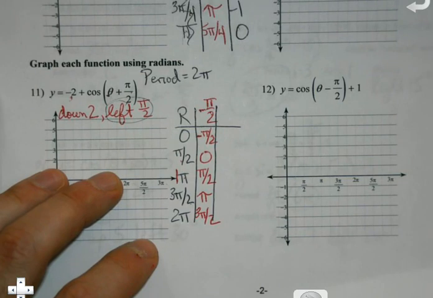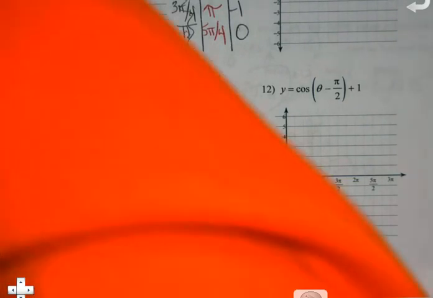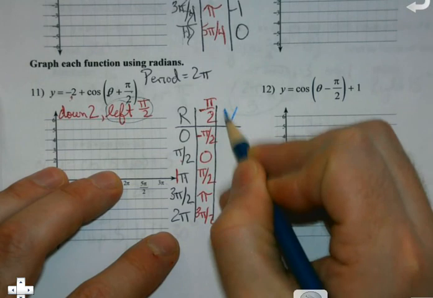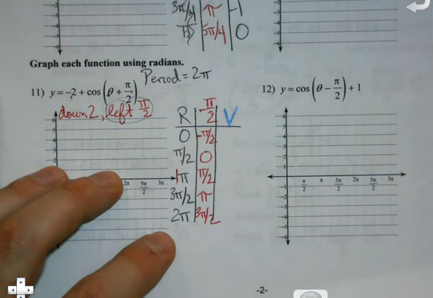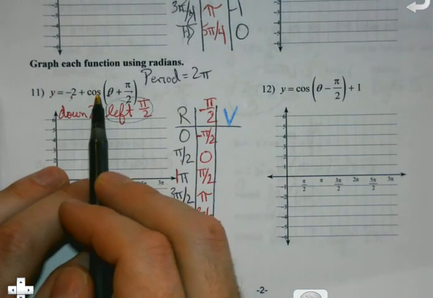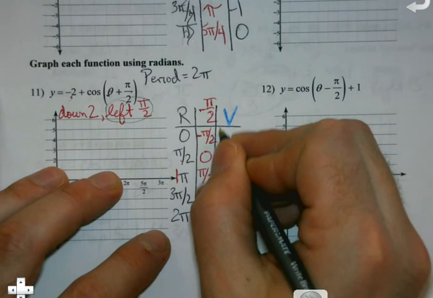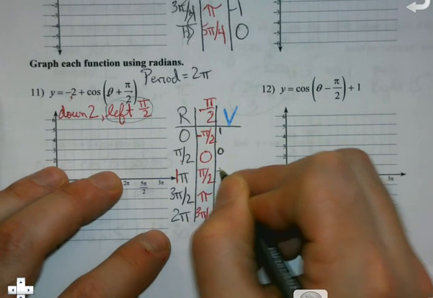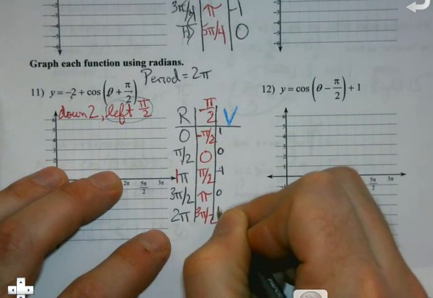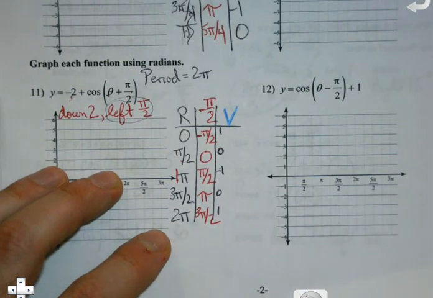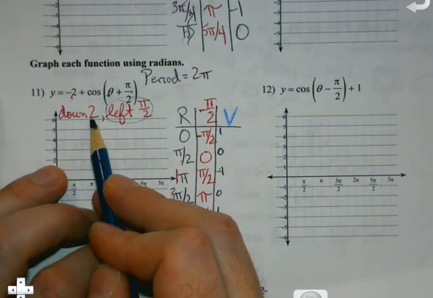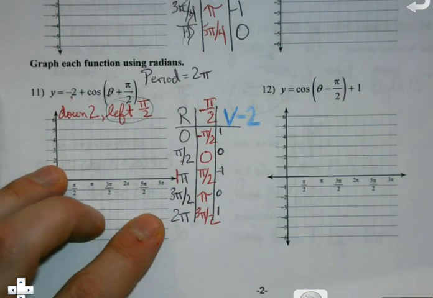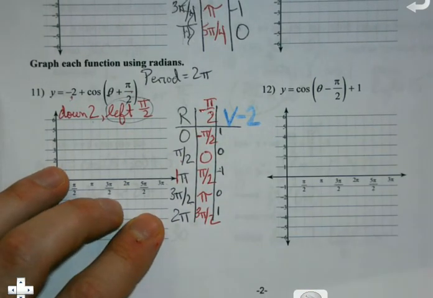But here's the one other thing I've got to watch for. Because now my values, normally my values with a cosine would be 1, 0, negative 1, 0, 1. But it's down 2. So I take my base value and minus 2 from each of them.